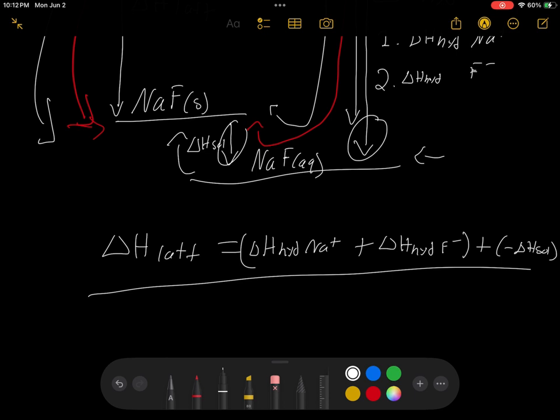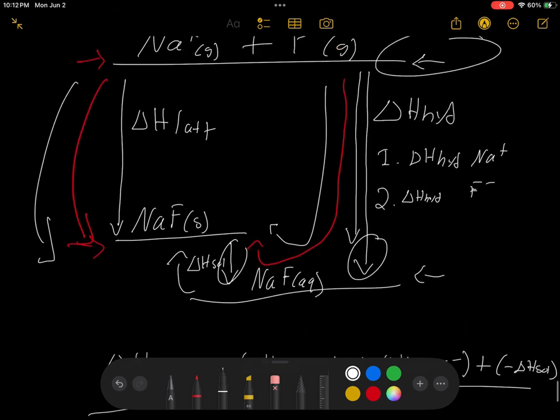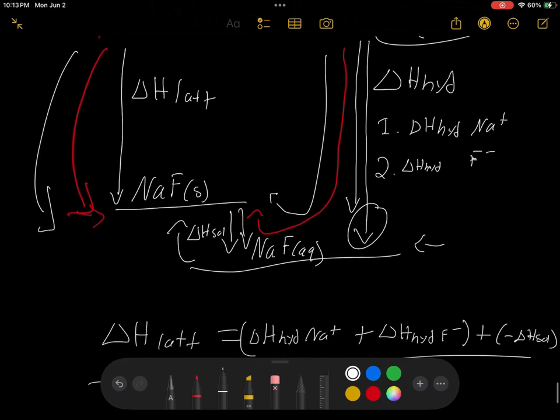A little side note. When I was constructing this diagram, I said I know that delta H solution is negative, which allowed me to understand that this arrow points down in the beginning. Let's say you didn't know which way, because delta H solution can be positive or negative.